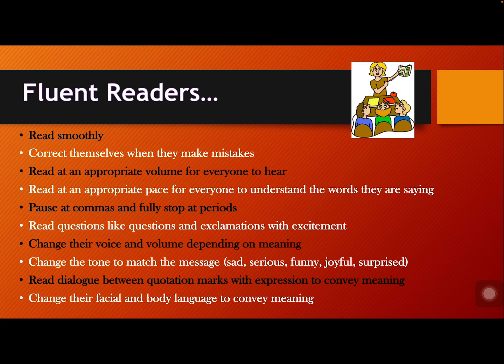Fluent readers read smoothly, correct themselves when they make mistakes, read at an appropriate volume for everyone to hear, read at an appropriate pace for everyone to understand the words they are saying, pause at commas and fully stop at periods, read questions and exclamations with excitement, change their voice with volume depending on meaning, change the tone to match the message: sad, serious, funny, joyful, surprised.